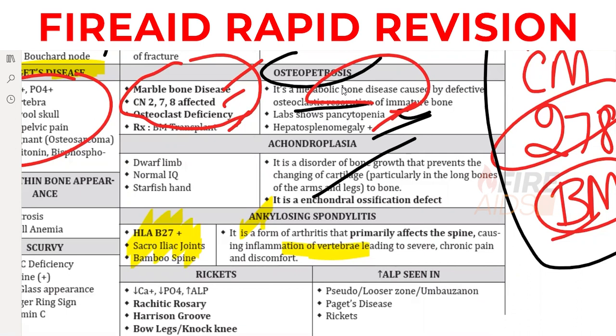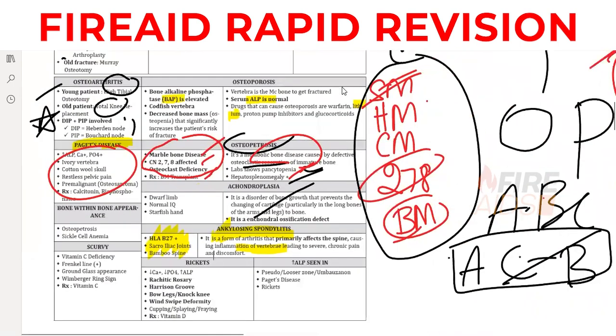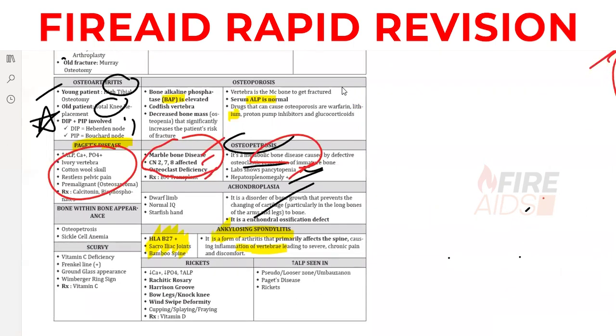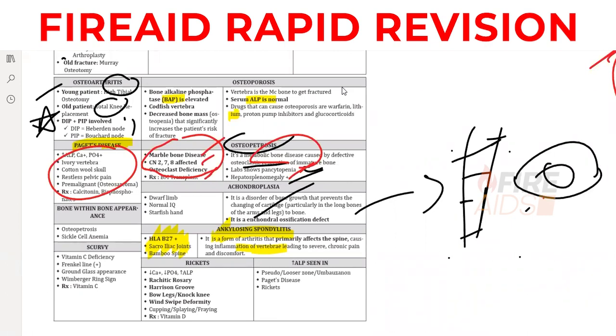So ankylosing spondylitis means you need to remember the patient's spine is affected. So straightening of spine is seen. There is bamboo spine. The patient's eye is affected: uveitis, anterior uveitis.